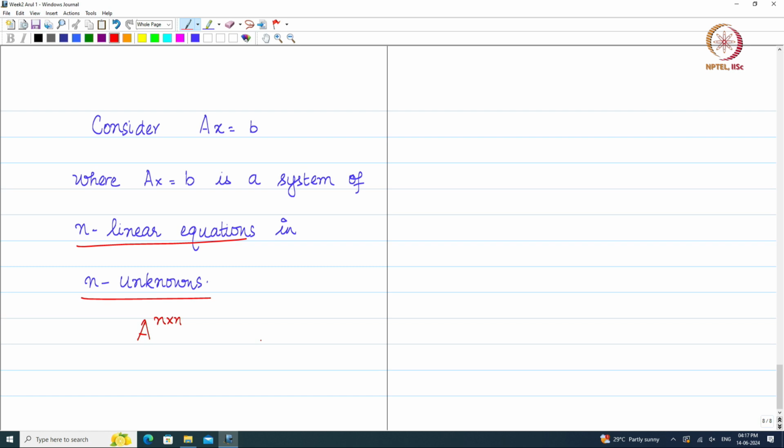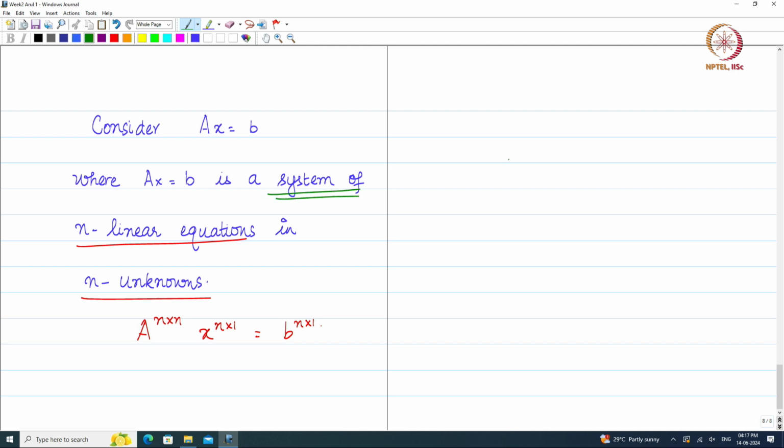The number of rows is equal to the number of columns, and X has n unknowns, so it is n by 1, and that gives me B, which is also n by 1.